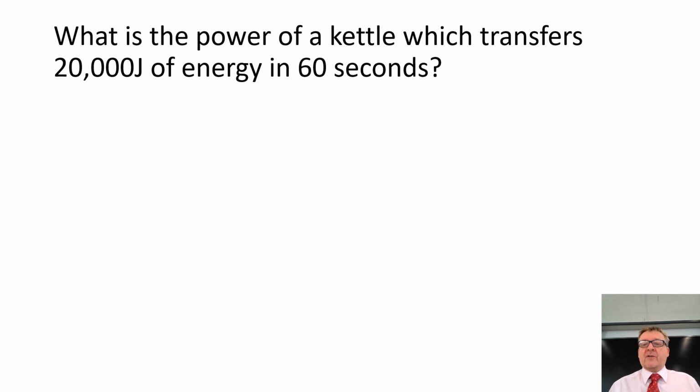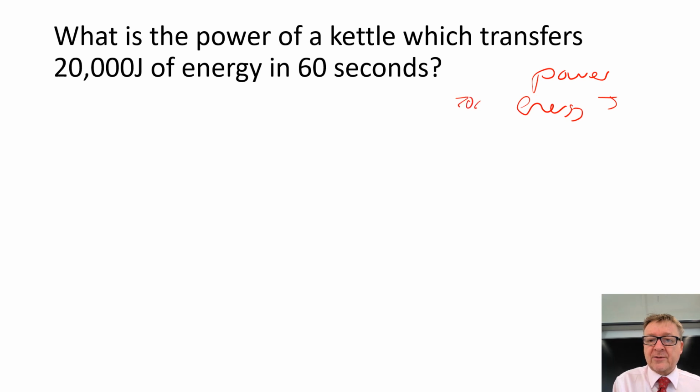What is the power of a kettle which transfers 20,000 joules of energy in 60 seconds? So power, energy, which is 20,000, and 60 seconds. So I now look at my formula.